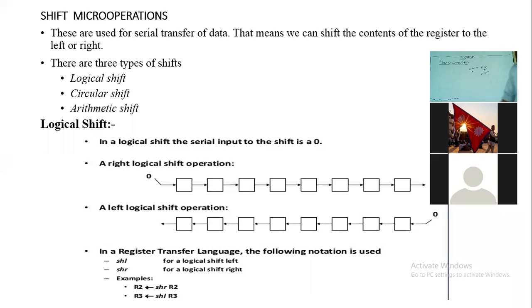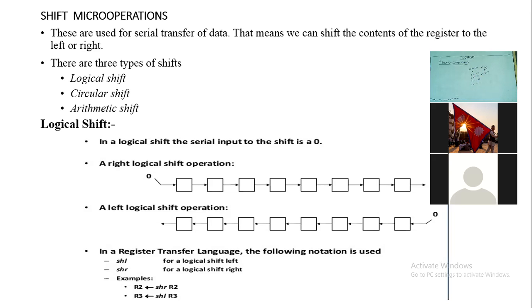Logical AND means, if we have two same numbers, the result is true. If we have 0, 0, the result is 0 with the AND operation. If we have 0, 1, the result is 0; and 1, 1 is equal to 1 in the AND operation.